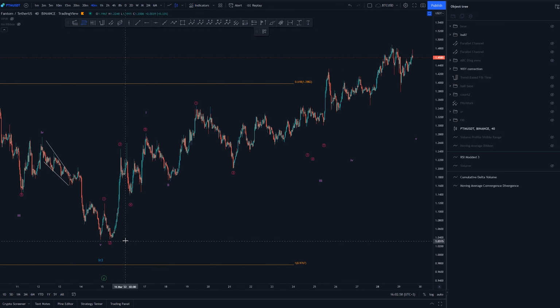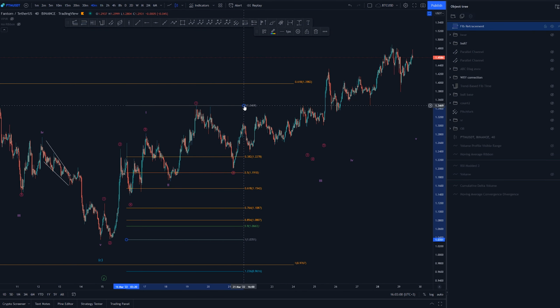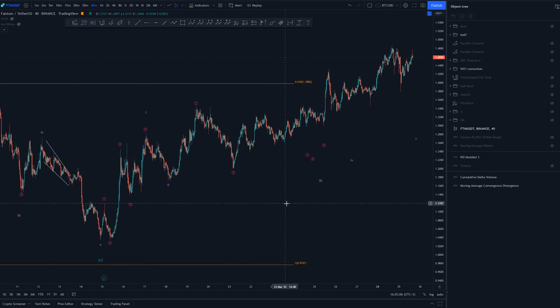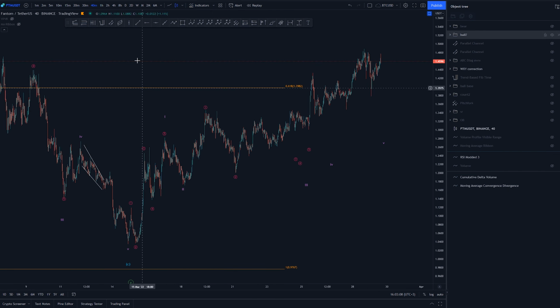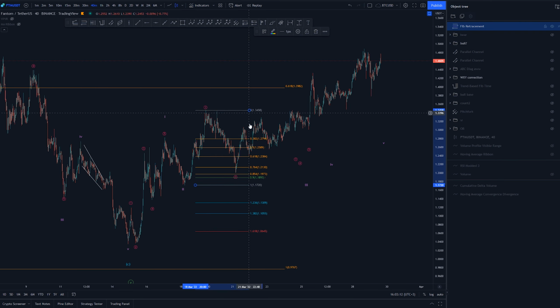But then again, there's another issue here. This doesn't even come back to 0.5 again. So yeah, if we have wave 2 here, this is definitely more of a valid correction, but again, now it is super deep. Usually we would like the wave 2 to come to the 0.5 to 0.618 area to give us more confidence for it to be a wave 2.